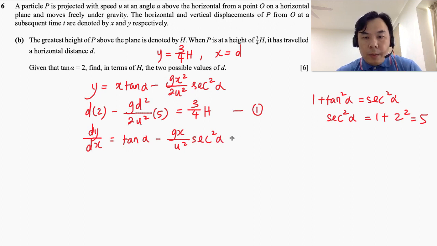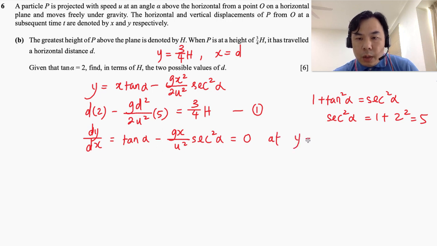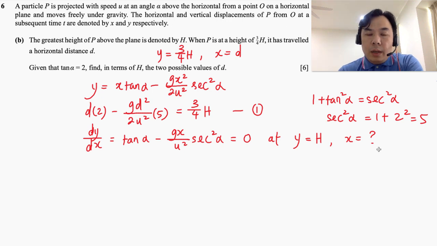All right, and then at maximum height h, we know that the differentiation must be equal to 0 at y equal to h. We are interested to find out where this displacement x is when it reaches the maximum height. So we're going to substitute all the information that we have just now. From here you can see that tangent alpha is 2, so we're going to write a 2 here, and then we have a 5 here just now, so that will be a 5.